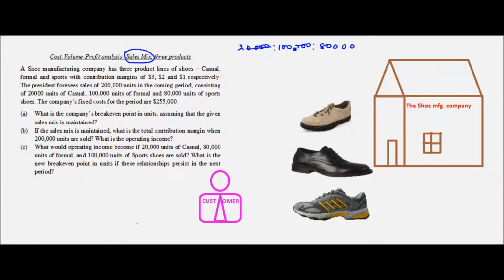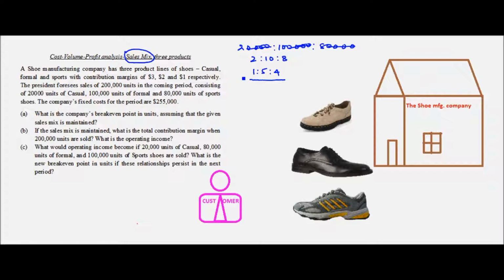We can remove these 4 zeros from each of these, so it becomes 2:10:8. And if we divide these numbers by 2, we get 1:5:4. Again, the definition of sales mix is the relative combination of quantities of products that constitute the total unit sales. So here the relative combination of quantities of products leads us to a ratio of 1:5:4.